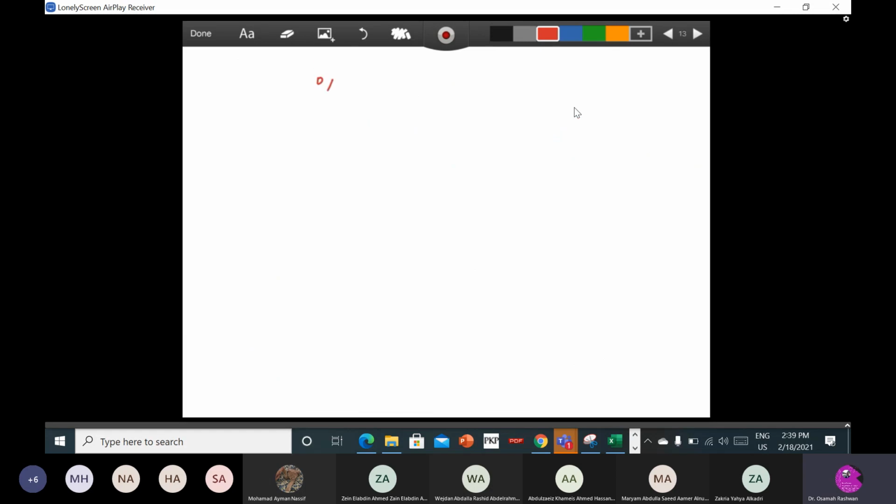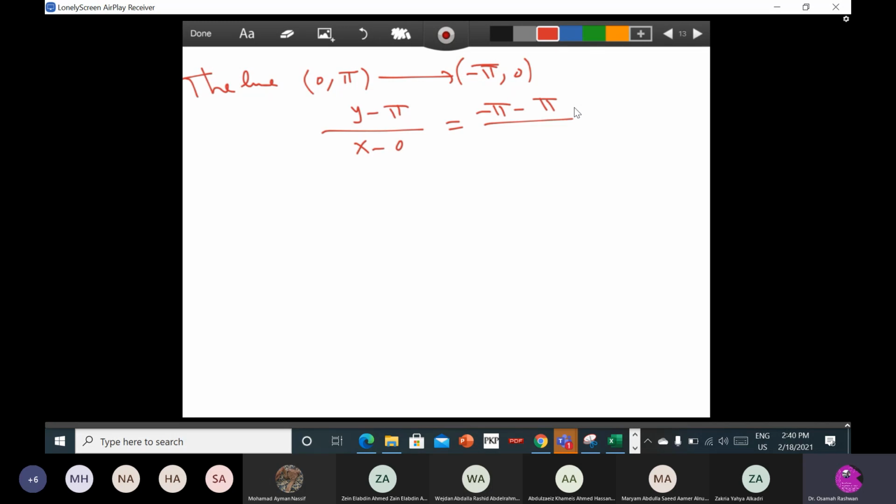Okay, I have the point 0 and pi, and the other point is minus pi and 0. So the line through these 2 points, I'll start with this one, so y minus pi over x minus 0 equal to y2 is minus pi minus y1, which is pi, over 0 minus x1, 0, right? So is it correct, this one, or not?